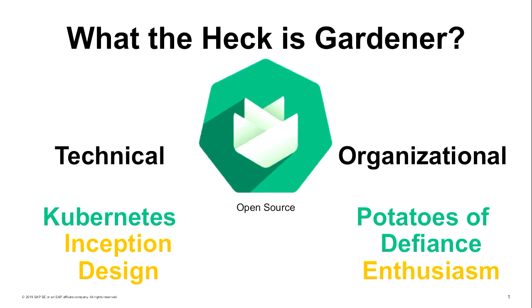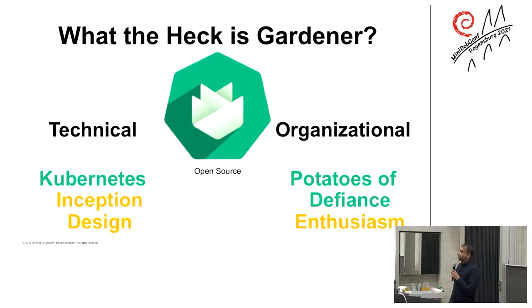Thank you. My name is Vasu, and I got volunteered by my colleagues here to give you a short talk about what the heck is Gardener. While I will be talking about the technical side of things, it's a Kubernetes-as-a-service management tool, and it thrives on its technical inception and design.